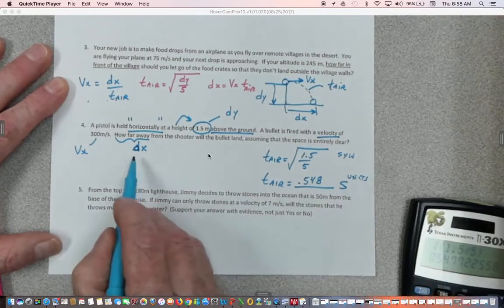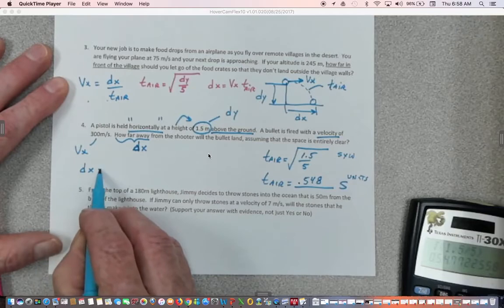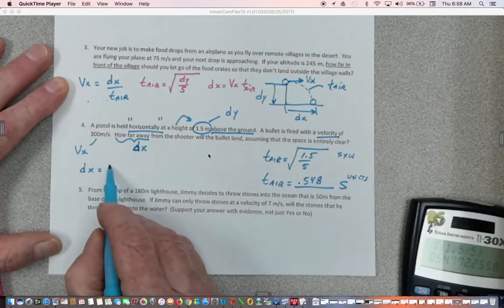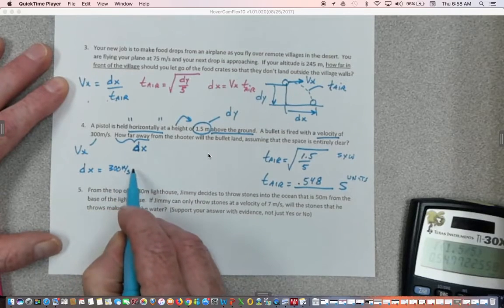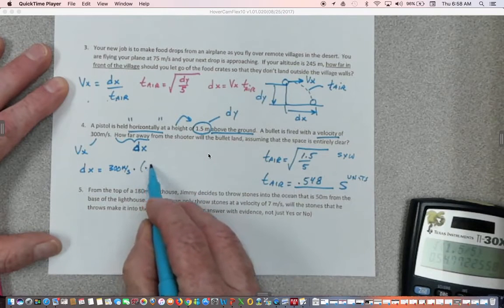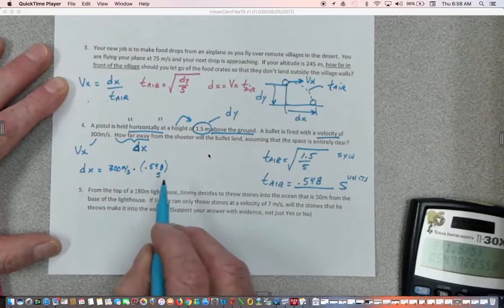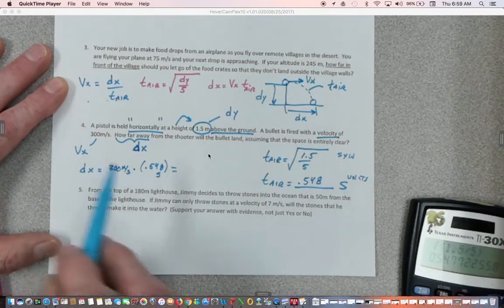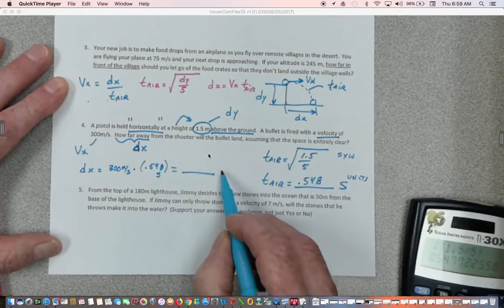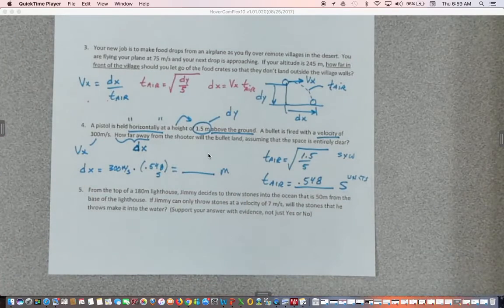Next, I want to get dx. To get dx, I must take Vx, which is 300 meters per second, times my 0.548 seconds. And notice I'm showing work. And now I know dx will be something in meters.